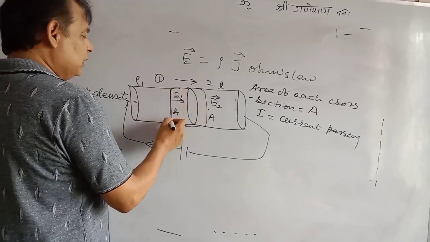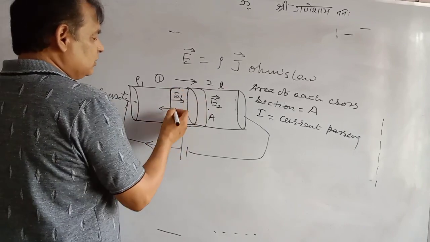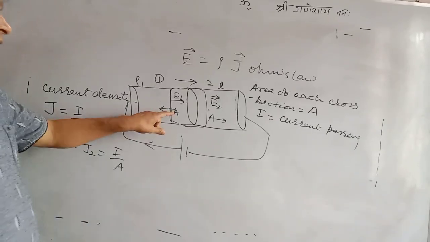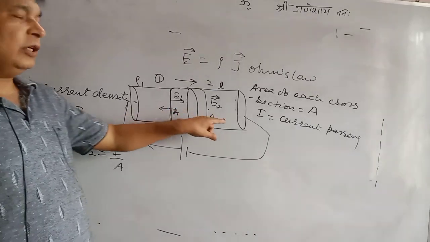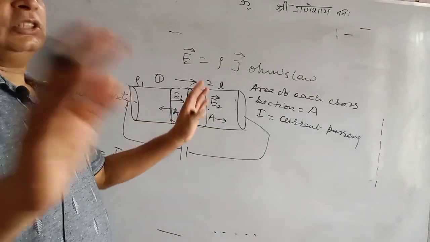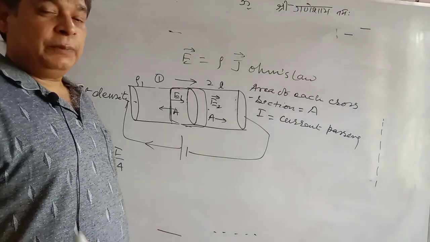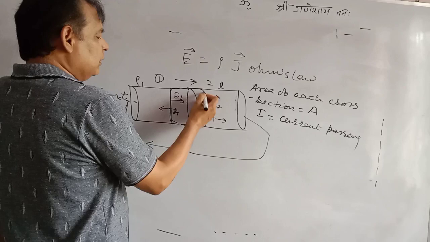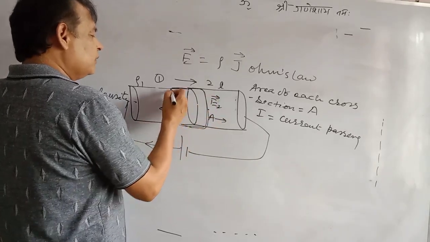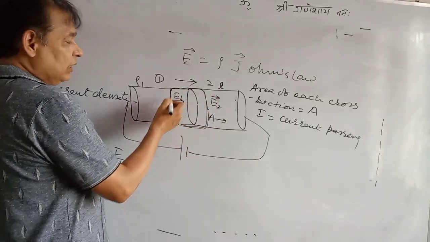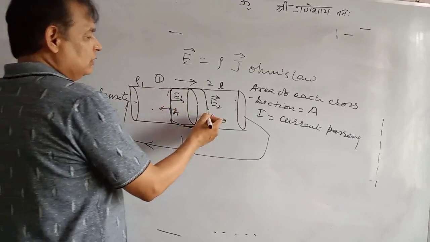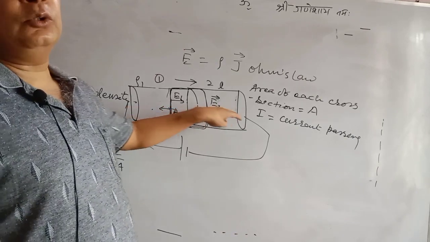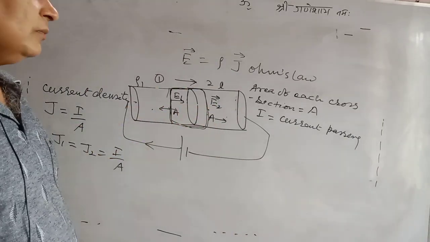But the vector area on this side will be leftward and on that side rightward, because for a closed surface the direction of surface area is always outward. If that is an imagined closed surface, this cross-sectional area will be leftward and this one rightward, because here leftward is outward, and here rightward is outward.